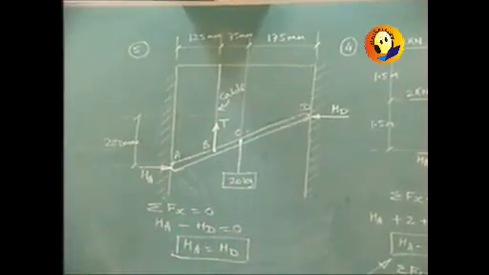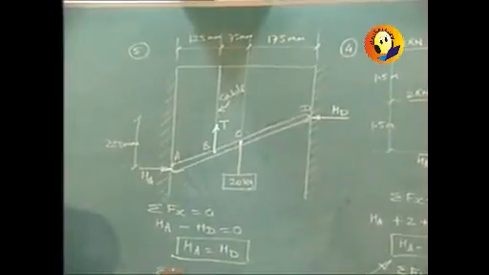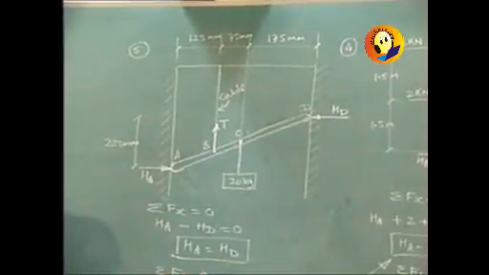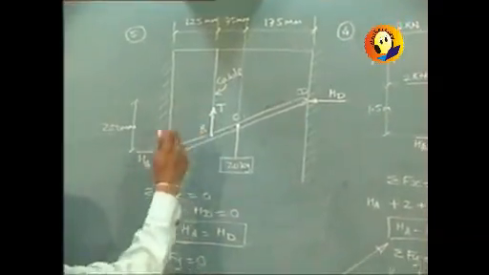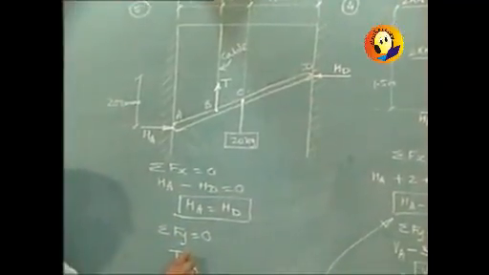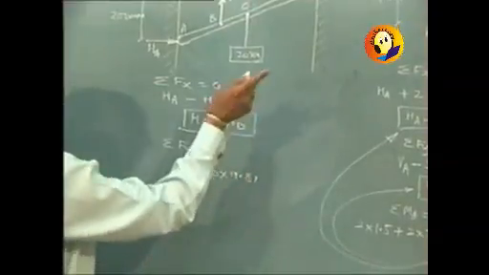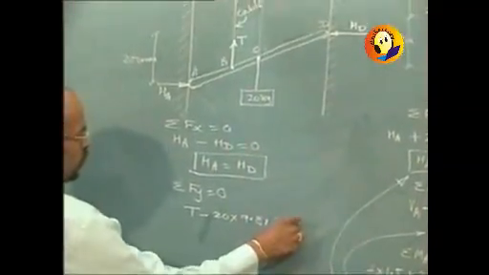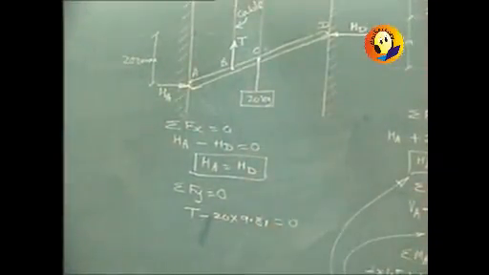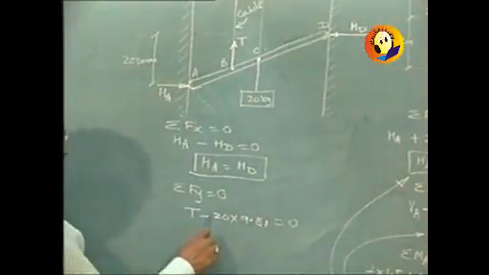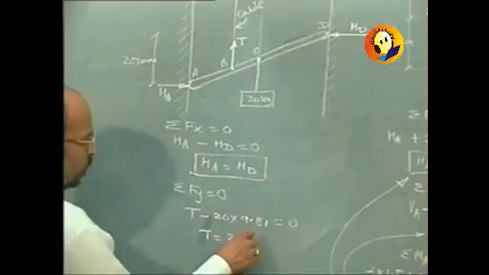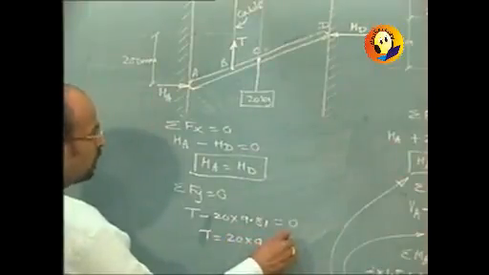When we write sigma Fy equal to 0, HA won't be there, so it will be vertical force T upward minus 20 into 9.81, which is downward. HD is also horizontal, so only 2 forces are in the vertical direction, tension and the load, and so T will come out to be 20 into 9.81 newtons.